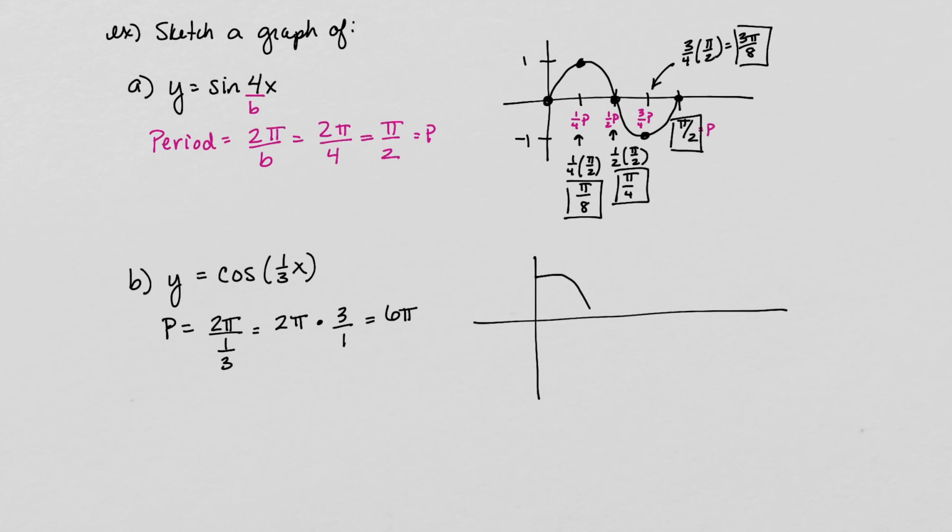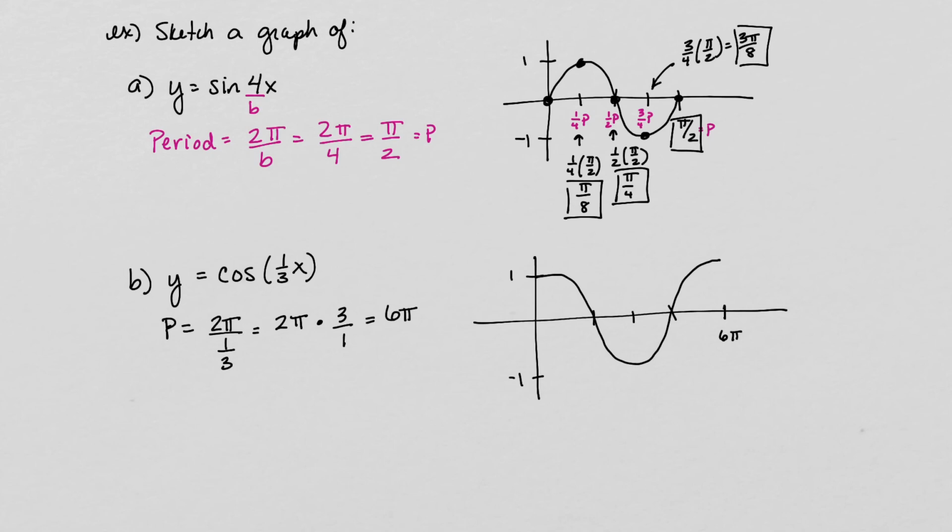So we have that one iteration of the cosine wave here. And again, we're still at 1 and negative 1. And now all the way out here is 6 pi. And so here are those points we need to figure out. Again, we're splitting it into 4.